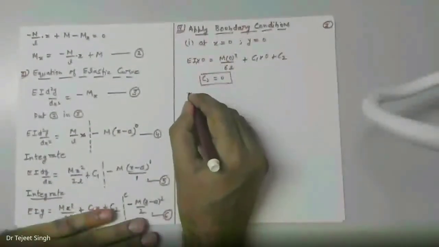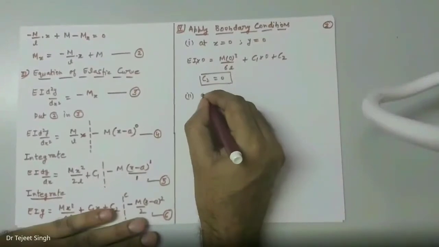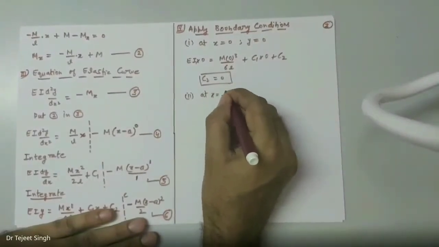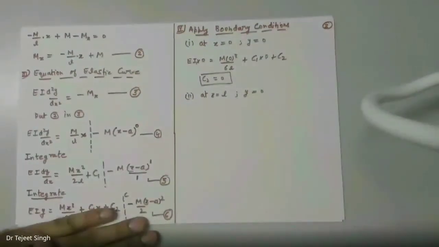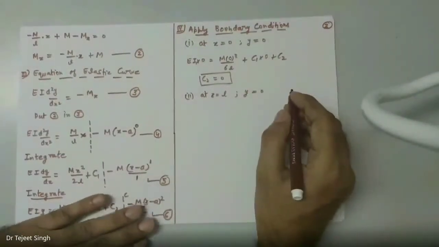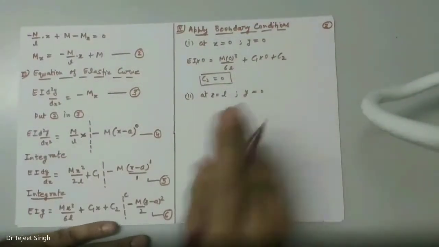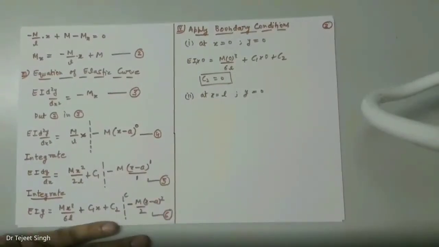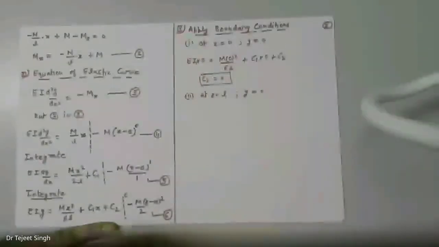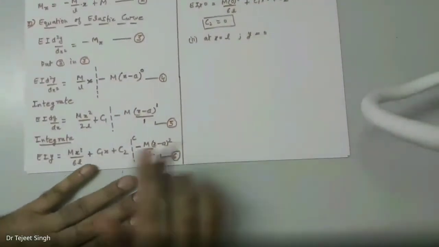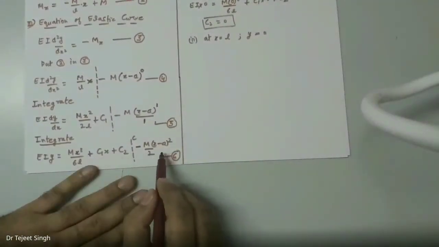Then I apply the second boundary condition. At x equal to L, y will be 0. That is point B. Point B lies in segment CB. Therefore, I have to take the entire equation number 6, the equation of deflection. Now the entire equation has to be taken, because the equation after C also has to be used, because point B lies in CB.